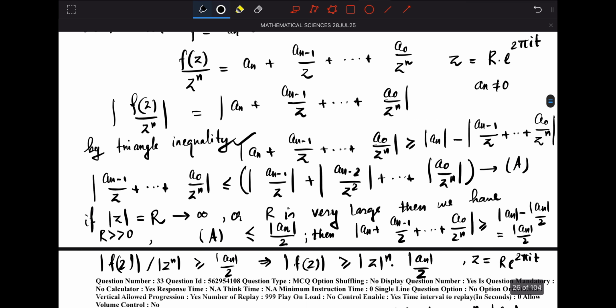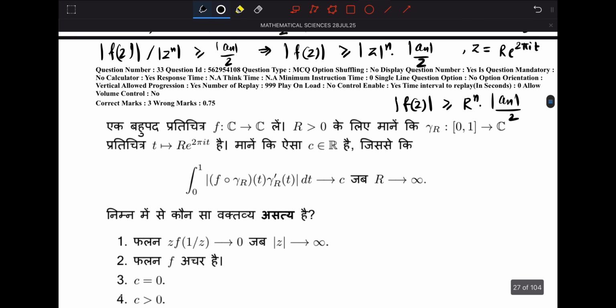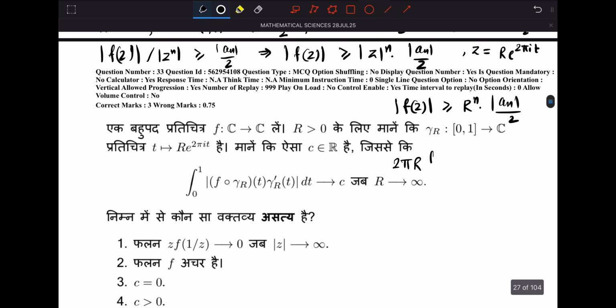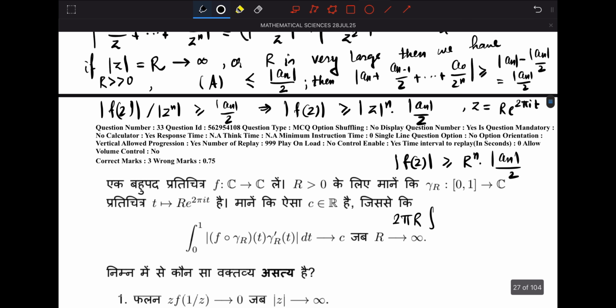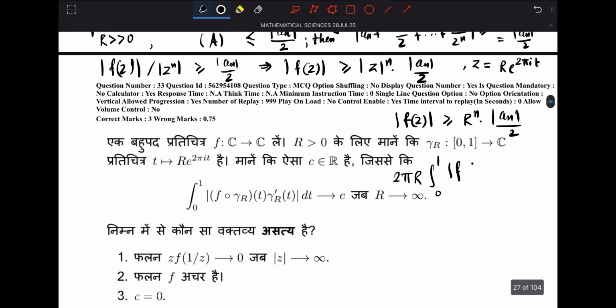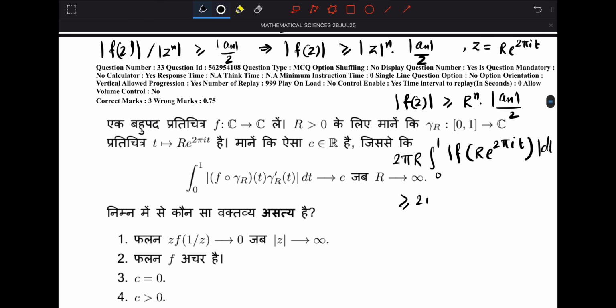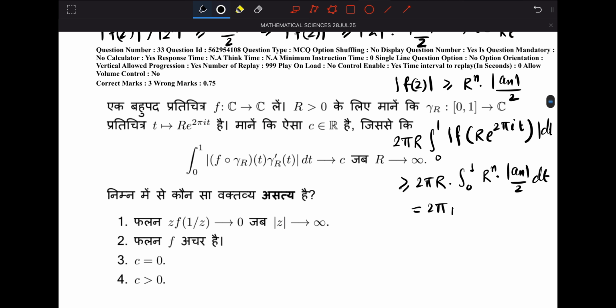So as we integrate, 2πr times the integral from 0 to 1 of mod of f of r times e to the power 2πit dt, this integral is greater than or equal to 2πr times the integral from 0 to 1 of r to the power n mod of a_n divided by 2 dt, which is 2πr to the power n plus 1 times mod a_n by 2.